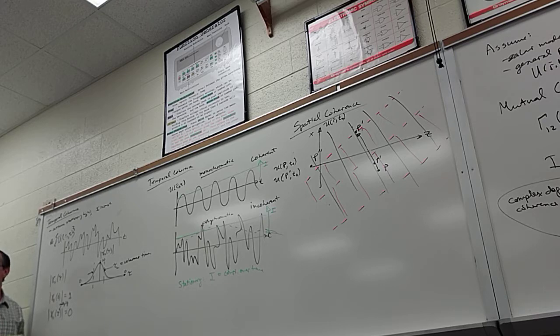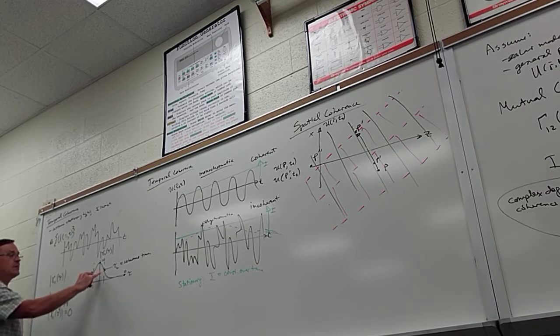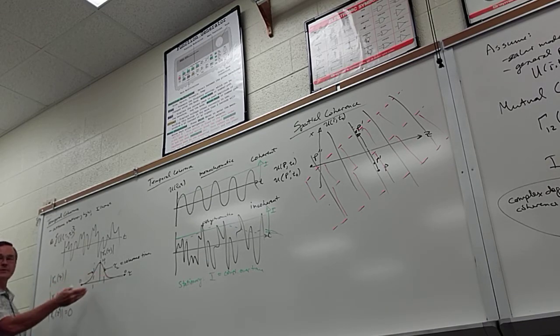So is tau c just some arbitrary threshold that we're calling coherent enough? Yes, so this could be the full width half max, it could be the 1 over e points, it could be the half width half max, whatever. I don't really care. What I'm focused on is just that we can define some method of saying what the width is.